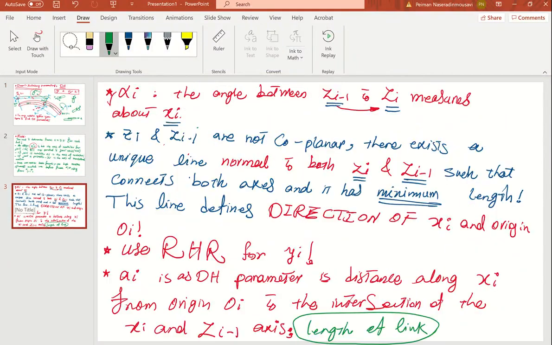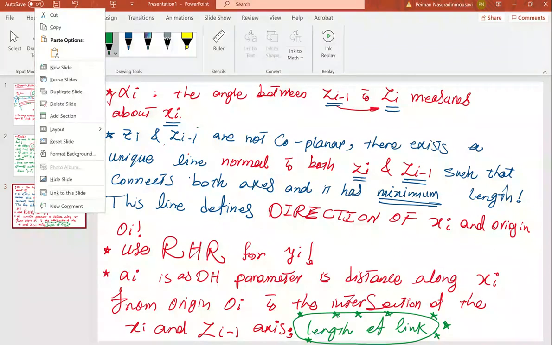Understand? This is a very specific definition. It's not valid everywhere. I'm just talking very specifically, and I will give you examples.